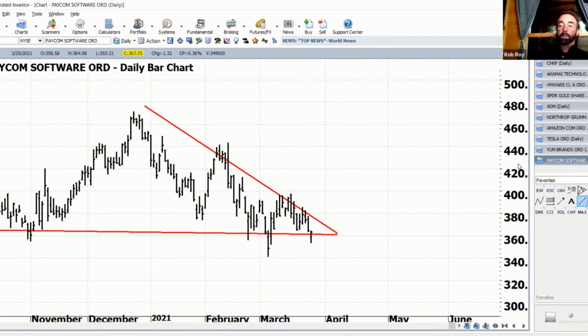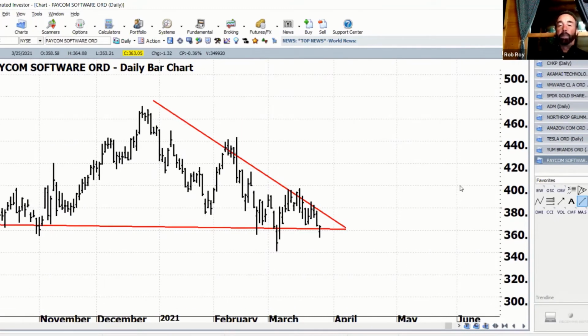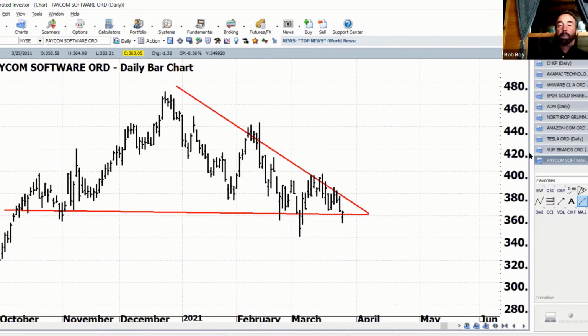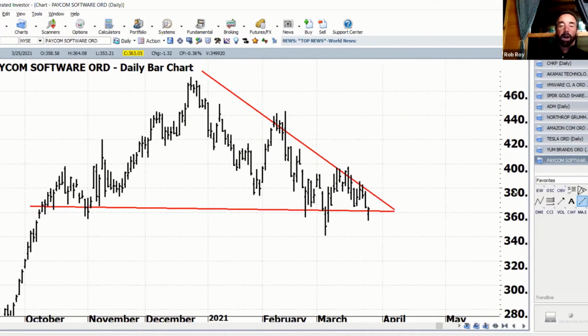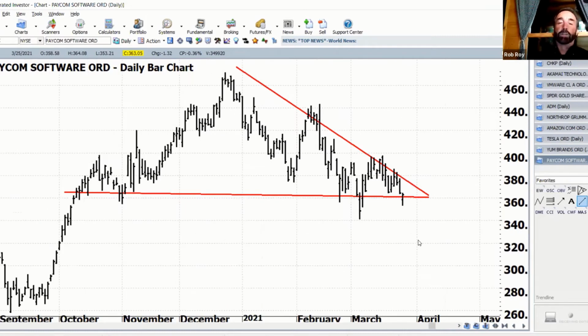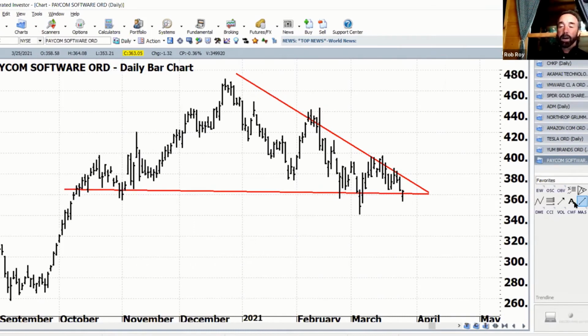So Paycom is getting ready to move. And this is one of the ones that we've talked about. If the market breaks down, we've got our list, and I've shown them to you multiple times in the insiders meeting. If Paycom breaks down to the downside, it is a very fast move down to this level. Very quick move right down here.